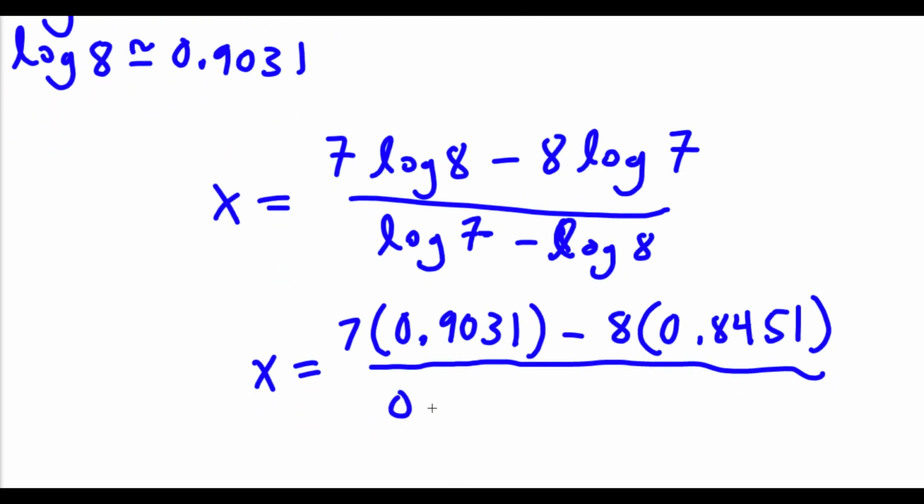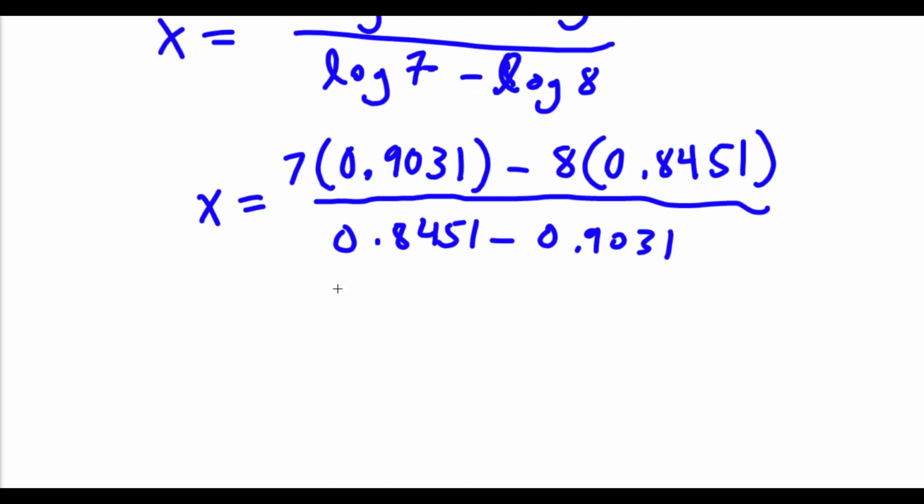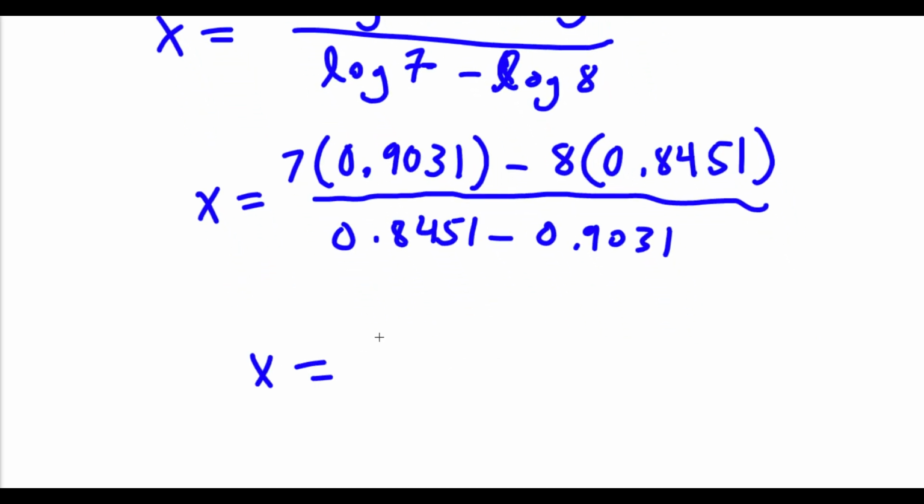So this would be 0.8451 minus 0.9031. Now 7 times 0.9031 is approximately 6.3297, minus 8 times 0.8451, which is 6.7608.